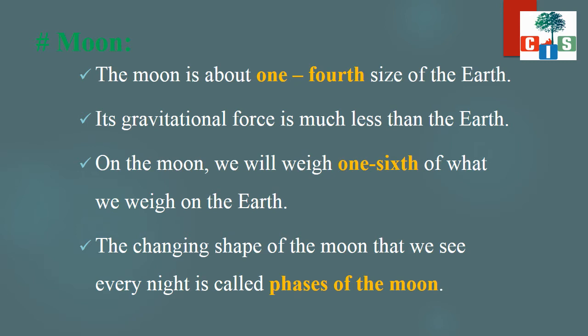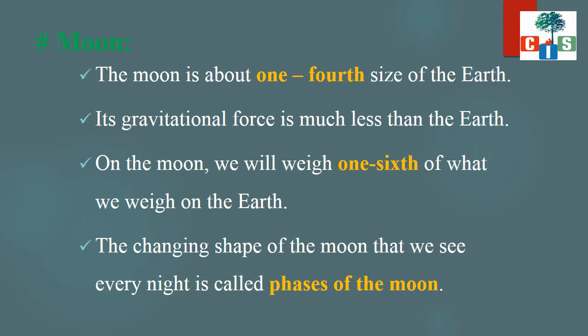It means if your weight is 30, how much will it weigh on the moon? Yes, almost 5 kg. Because whatever our weight is on the Earth, we will weigh 1/6 of it on the moon.